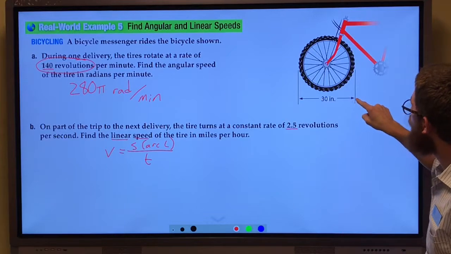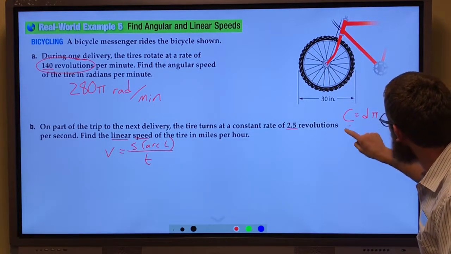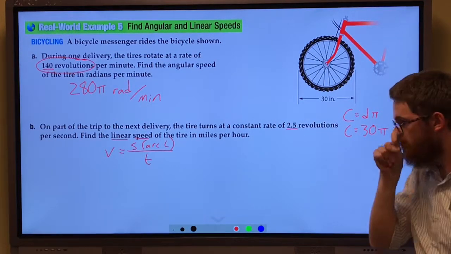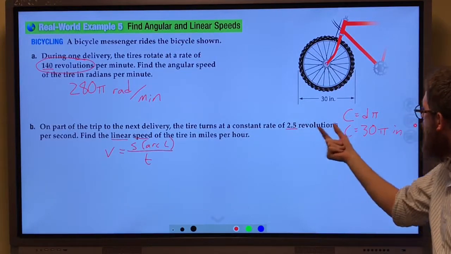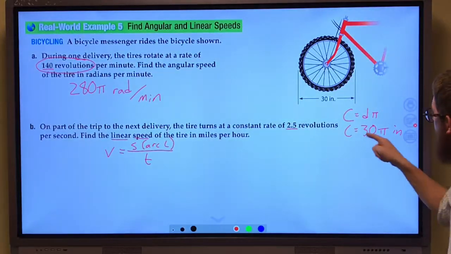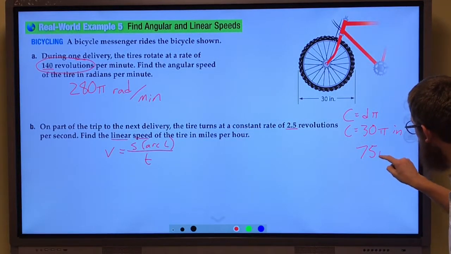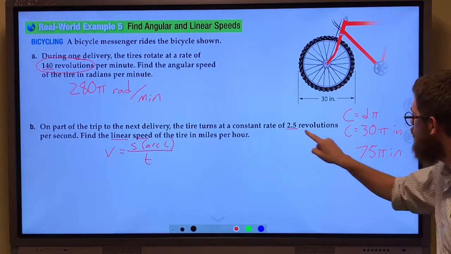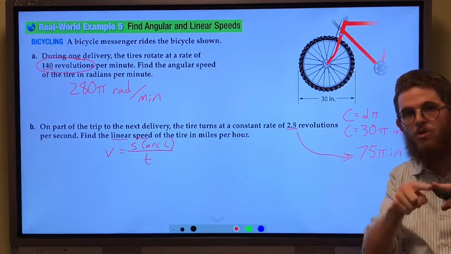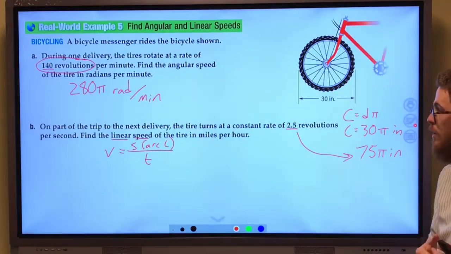If the diameter is 30, the circumference, which is diameter times pi, would be 30 pi inches. Now, 2.5 revolutions, here's one revolution, here's one circumference. 2.5 of these, 2.5 times 30, that's 75 pi inches. 2.5 revolutions, the entire arc length, that's 75 pi inches.